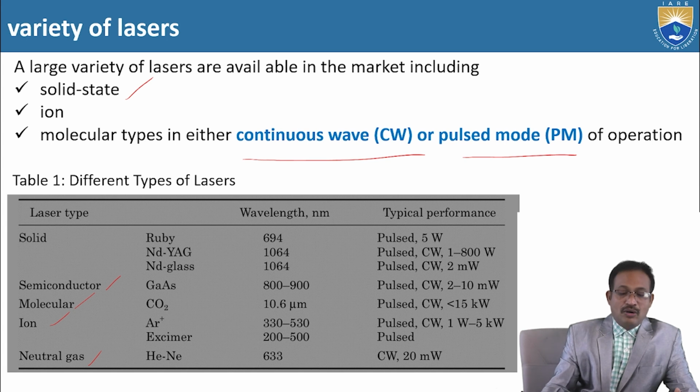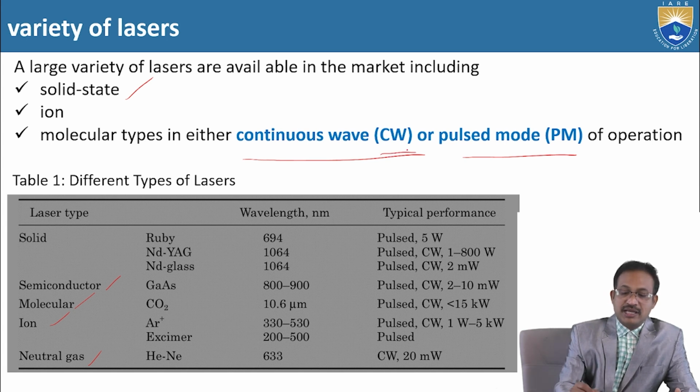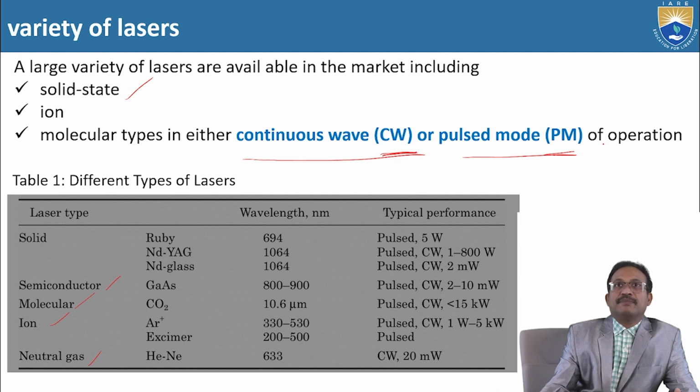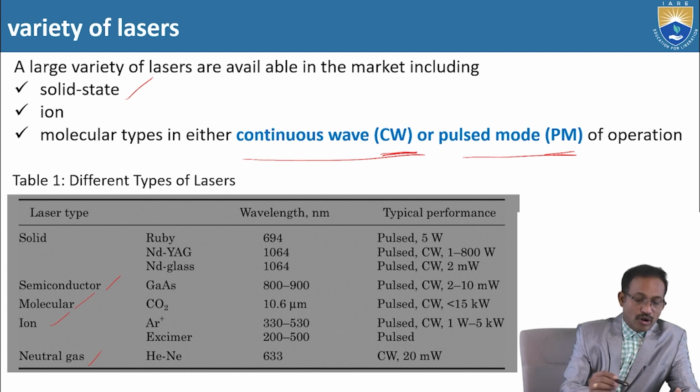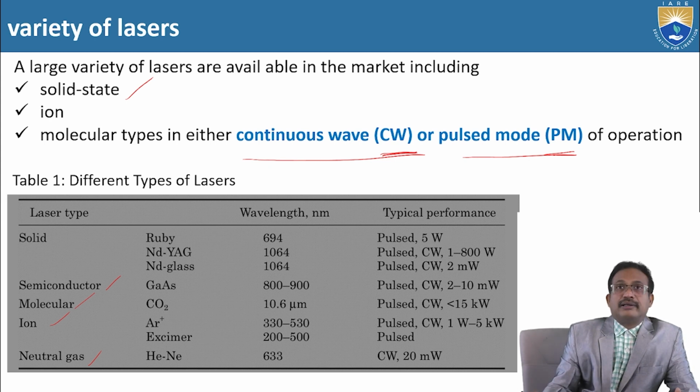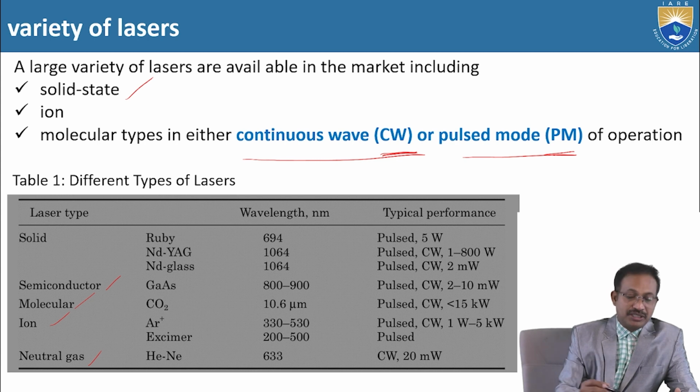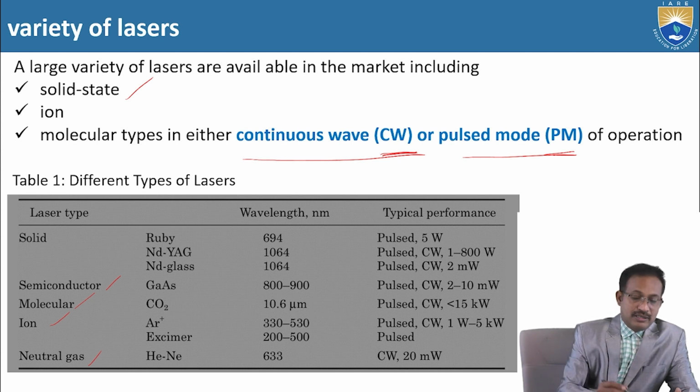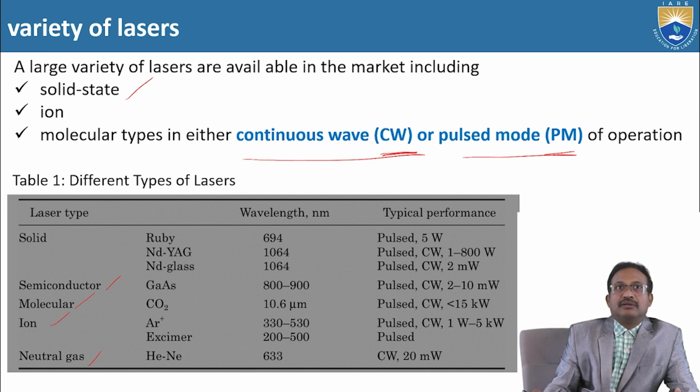Now let us see CW and PM, meaning continuous wave and pulsed mode. The types, in either continuous wave or pulsed mode of operation, are detailed in this table for different laser types.